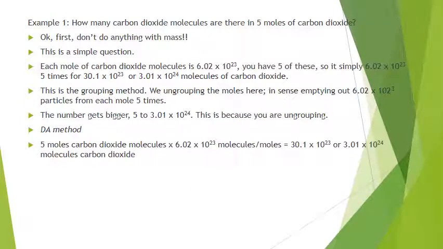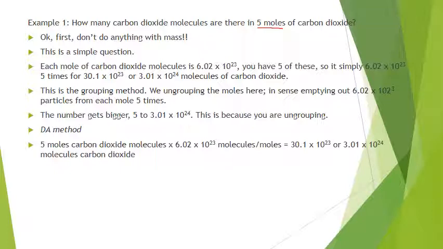So number one, how many carbon dioxide molecules are there in 5 moles of carbon dioxide? So remember what I said is that we want to go from moles to molecules. So the number is going to get bigger because you're ungrouping. Okay, so you're letting things out of the moles. So I'm going to do it the conceptual group way, then we'll do dimensional analysis.